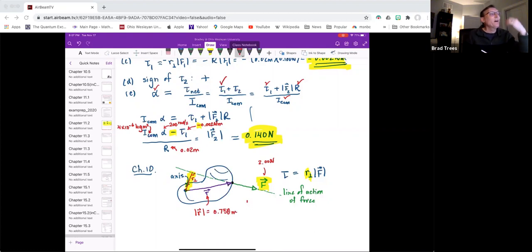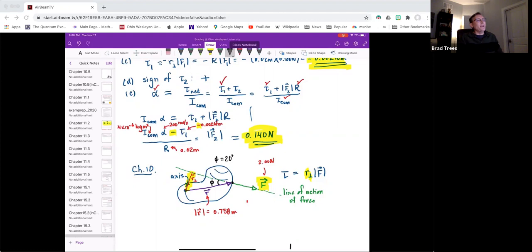That's the length of the R vector. That's still not the moment arm. And you would likely be given that angle right there. I'll call it phi. Maybe you would be told that phi is 20 degrees.